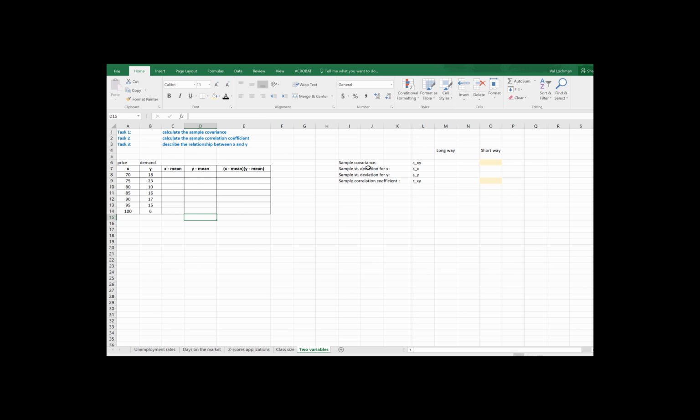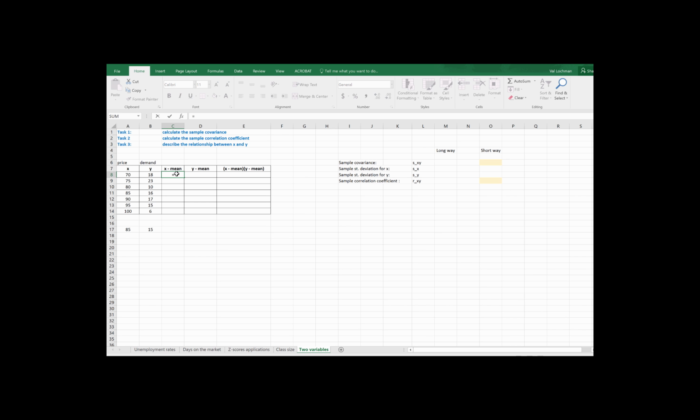All right, so first we're going to talk about how to compute covariance doing the long way. So here's your table. We need to compute the average of the prices for this particular type of printer, and then the average for the demand. That is done by typing in the function average and highlighting your cells. Okay, so 85 for the price, 15 for the demand, and now we need to find the difference of each observation and the mean.